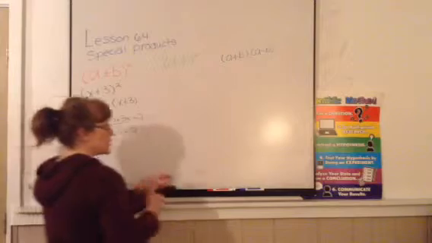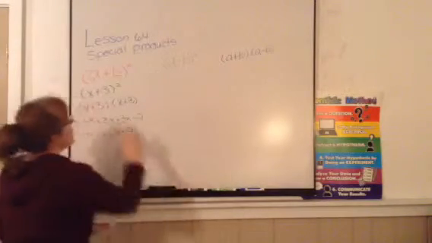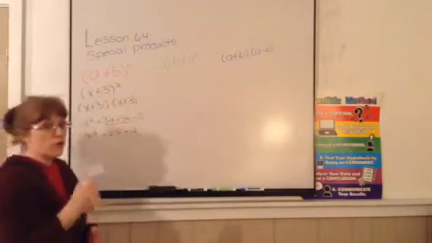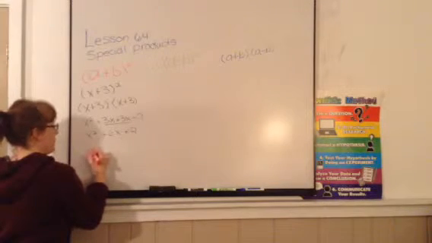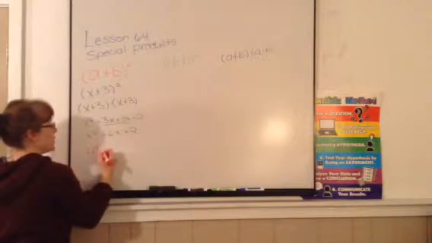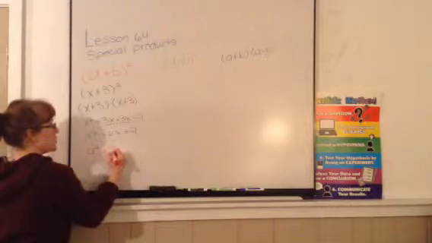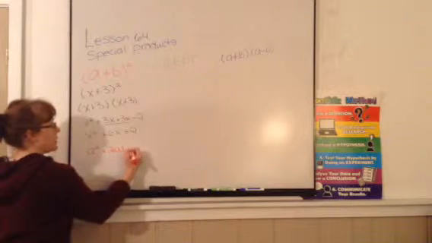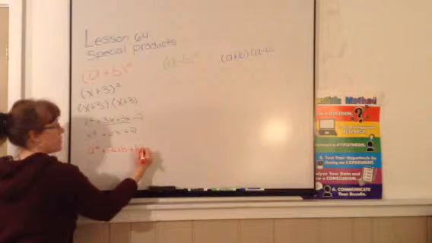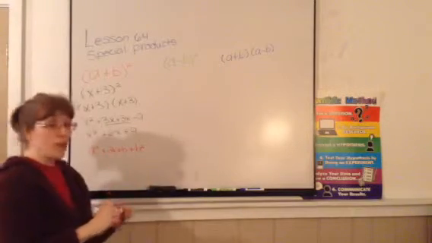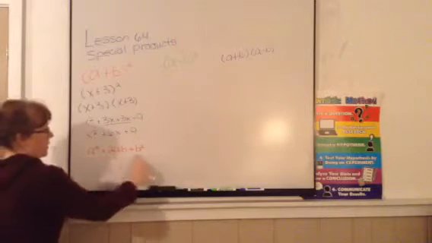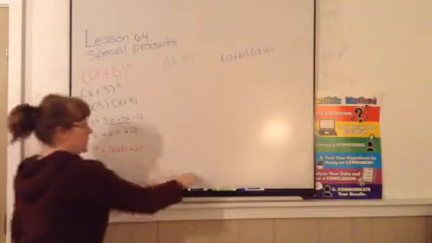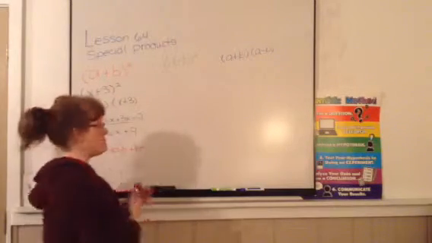Now, the special pattern that we have with a plus b squared looks like this. A squared plus 2ab plus b squared. Every time we have a plus b squared, we can just plug the a's and b's into here. I'll show you what I mean.